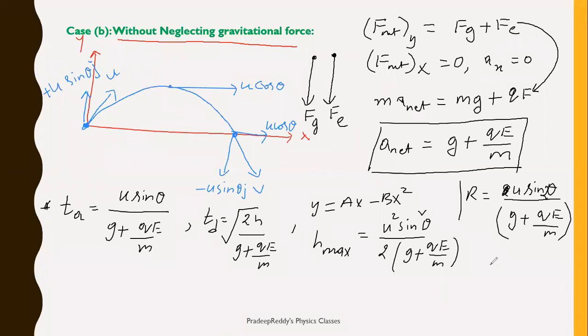Here it should be u square. So this is how you can use kinematic equations and replace g with g plus QE by m, so that you can find all the kinematic terms. Time taken you can calculate, final velocities you can calculate, velocity at any point you can calculate.